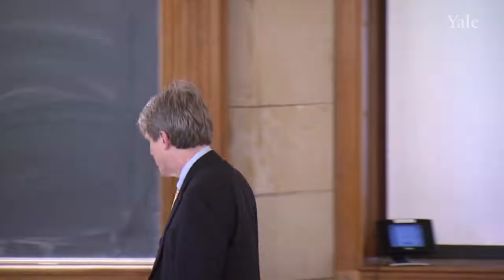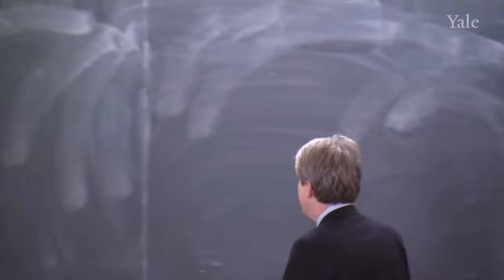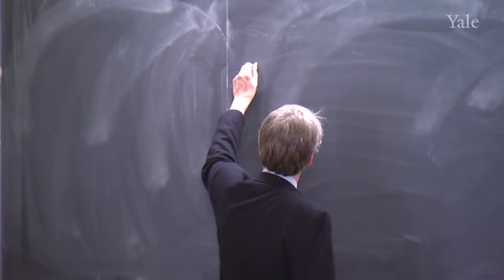So I thought a nice way to transition to today's lecture would be to talk about one very important moment in the history of finance, when the first real important stock was invented.